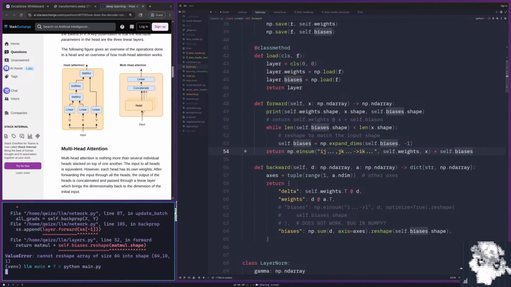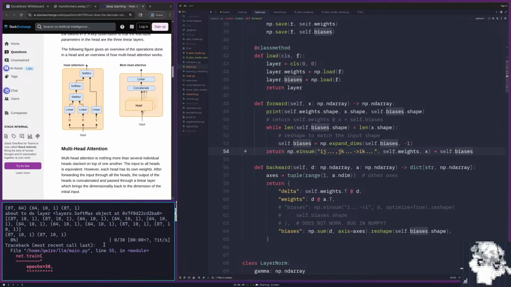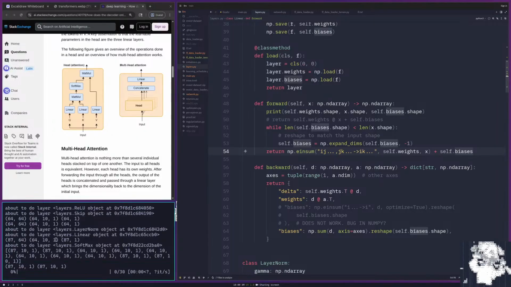I hate it. What's the problem now? Oh, new problem. Now we're in softmax. Okay.